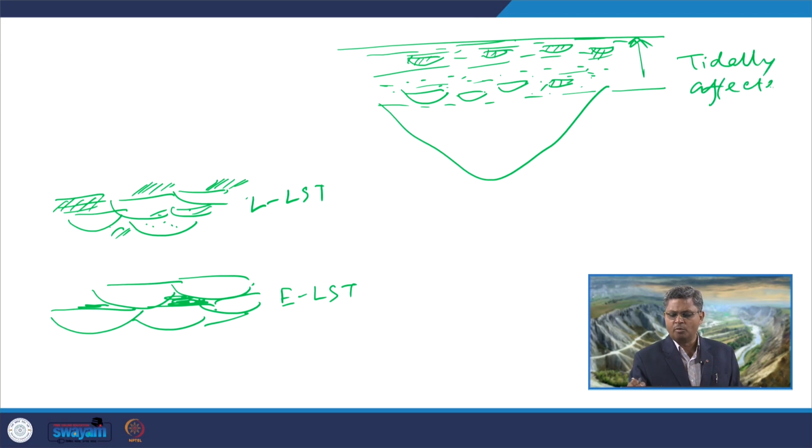They will be more commonly tidally affected channel fill deposits, which we will commonly not observe in the case of the LST channel fill deposits.